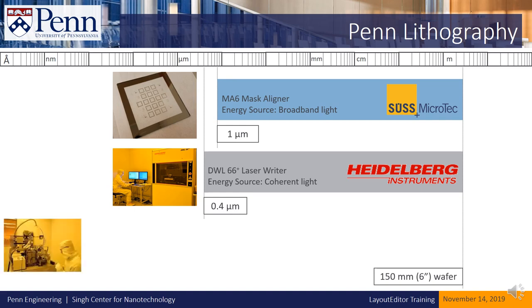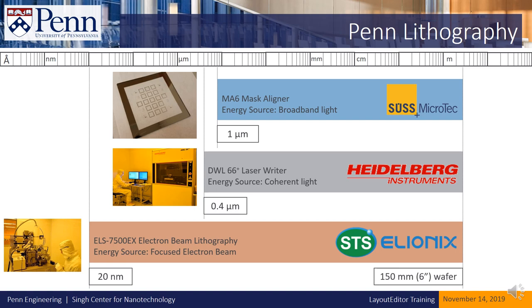And if you need to print features smaller than 400 nanometers, you should consider using the Raith EBPG or Elionix ELS-7500EX electron beam writer. This tool can write features down to somewhere around 20 nanometers, but the write times for the Elionix are much longer than they are for the Heidelberg or the MA6.